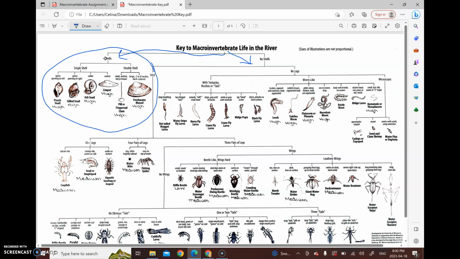And if you recall the picture, it looks closer to this snail shell. So this has a high tolerance of low oxygen levels. So you're going to go back to your paper and we're going to find this pouch snail.